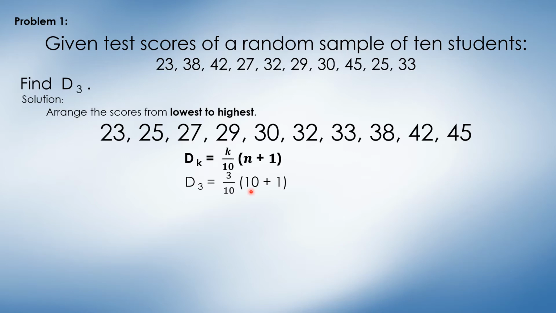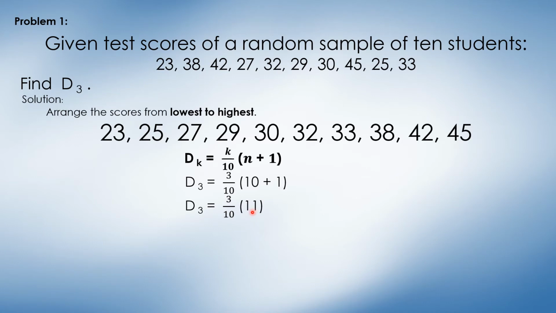The value of n here is 10 because we have the scores of 10 students. If we count our data here, we have 1, 2, 3, 4, 5, 6, 7, 8, 9, 10. So the value of n is 10, plus 1.